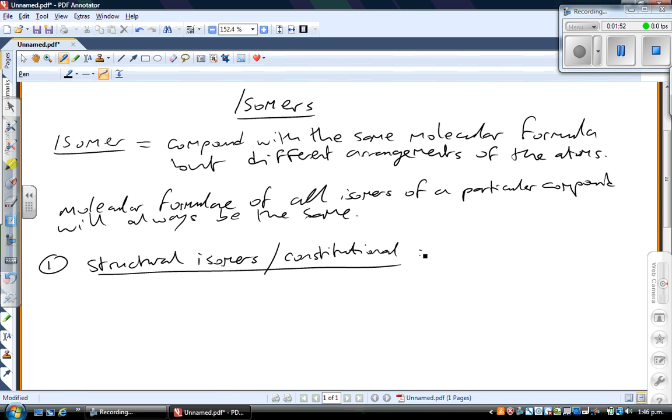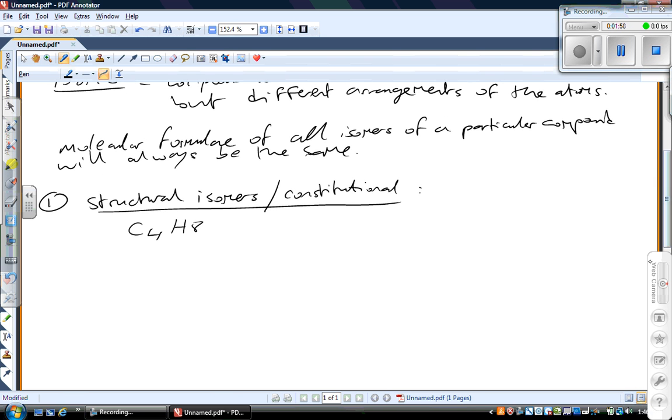So if I just give you the molecular formula C4H8, there's no real systematic way to figure out all the isomers for a particular molecular formula. You just have to draw them out and check each time that you have 4 carbons and 8 hydrogens. We start with the simplest one, a straight chain of 4 carbons.